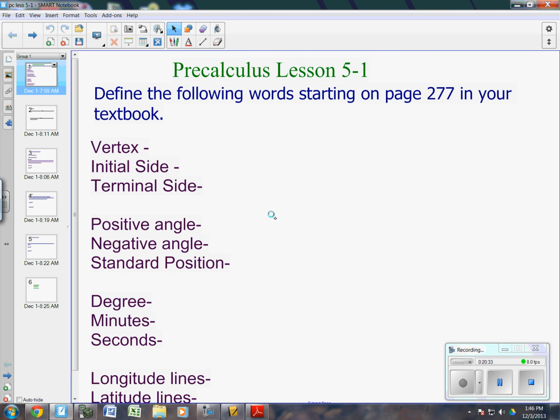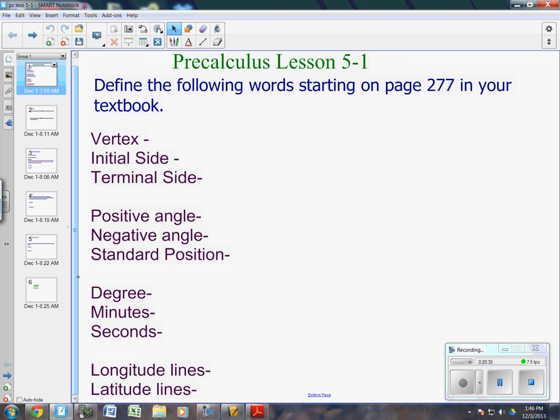I'm going to give you 5 minutes to define all these words in your notes. Okay, these are the basics. If you don't know these words, you'll struggle the whole time. You got to know these words. Longitude and latitude don't matter as much, but you need to know the rest of these really well. Plus, we're going to learn 2 more words today, coterminal angles and reference angles, that are really important. So I want you to define all those.